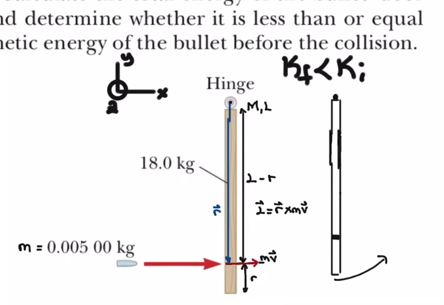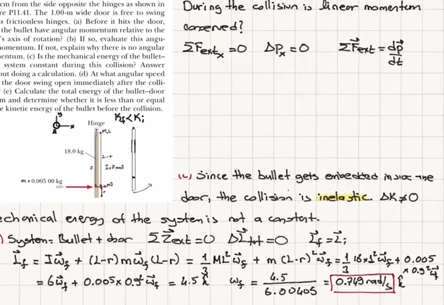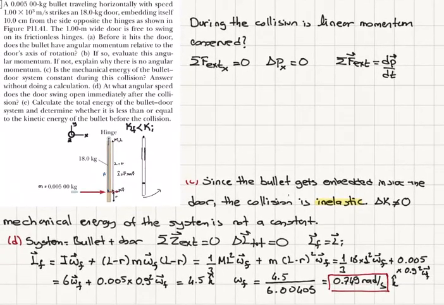So my question is, is that the case here? So let me concentrate on this situation. I look at the bullet door system and try to find if there is an external force with an x component that acts on the system so that the linear momentum would not be conserved.